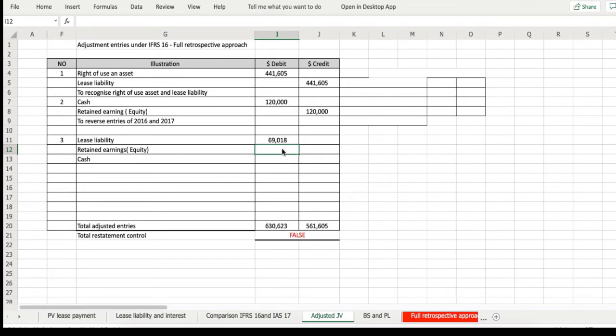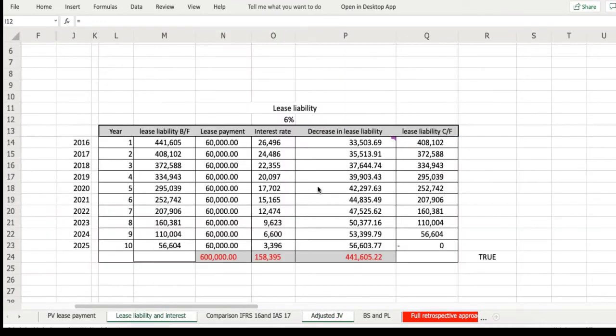And in retained earnings, we have the interest. Under IFRS 16, the lease payment is split between the lease payment and the interest. So how much is the interest for the 2 years?